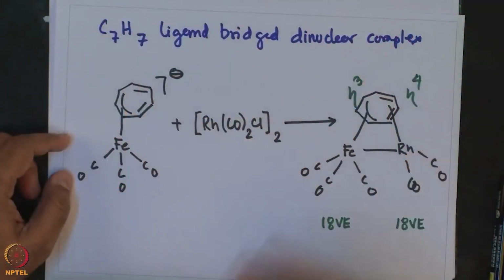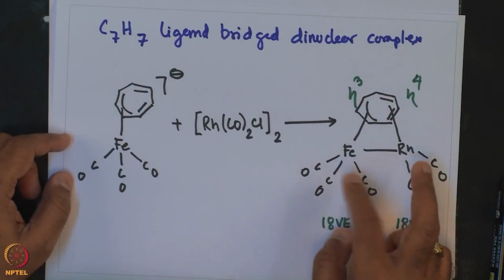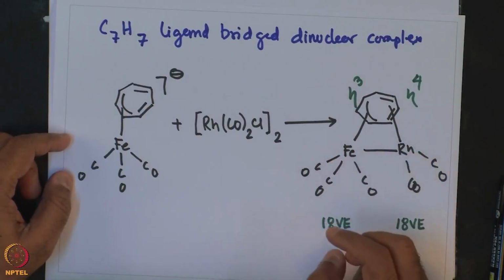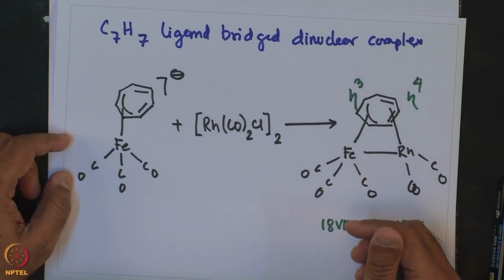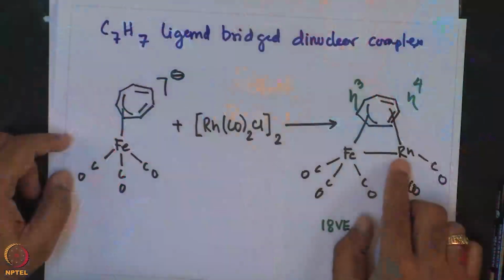Not only is this bridging binding mode of the C7H7 ligand interesting, because C7H7 is split into two bindings, eta 3 and eta 4, but it is also interesting in that two different metal centers have been stabilized because of this bridging binding of the C7H7 ligand. Another interesting fact about this complex is that it is one of the rare examples where a metal-metal bond is formed.